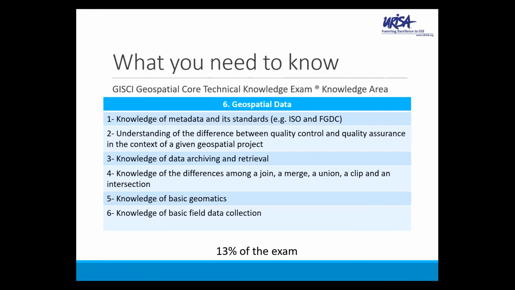And again, as was mentioned before, I believe this doesn't really require the mathematical understanding, but just a basic knowledge of how to use them, what they are, and when it's appropriate to convert data and how to convert data between datums and between projection systems. And then finally, some basic field data collection techniques and methodologies.